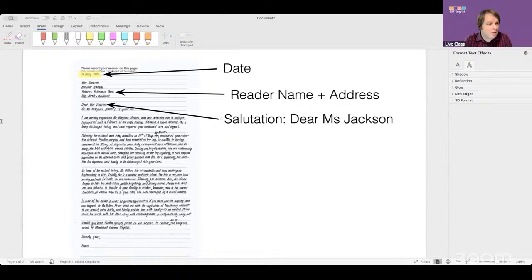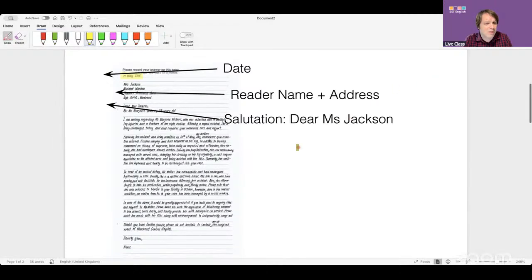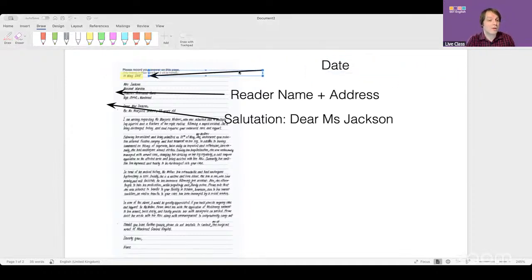Because if this is a professional person, it doesn't really matter if she's married or not. In English, we try to be more neutral with this. Does that make sense, guys? So try and use Ms. rather than Mrs. This is a real letter. One of my students wrote this. So Mrs. Okay, fine. Better, Ms.